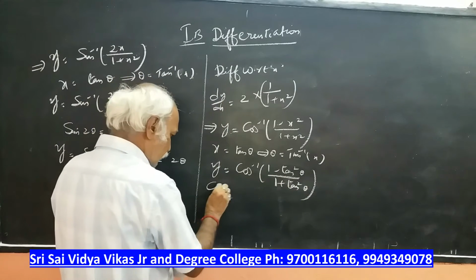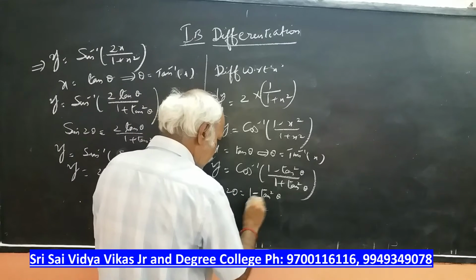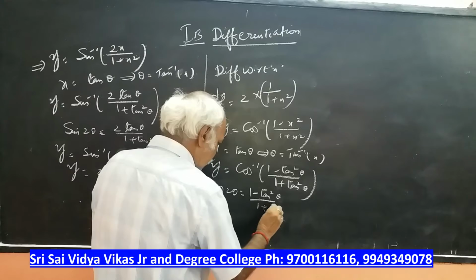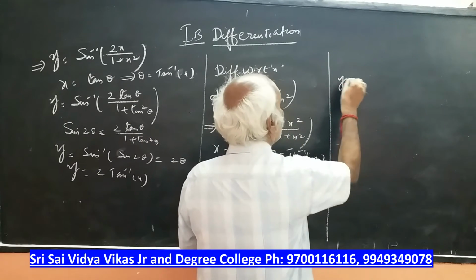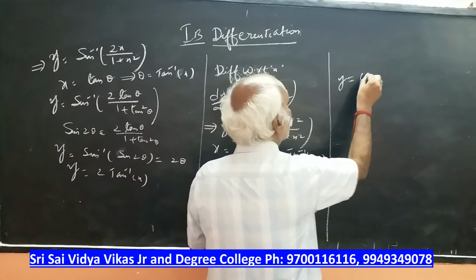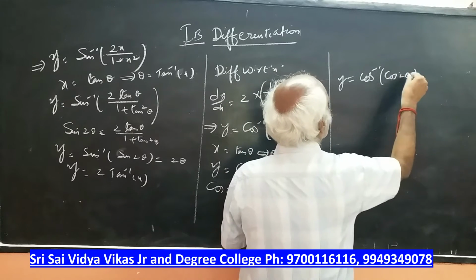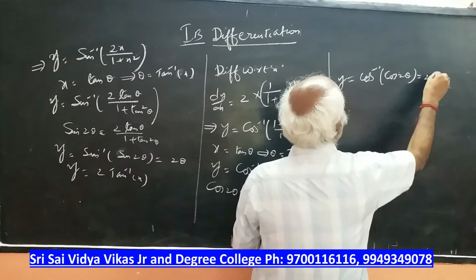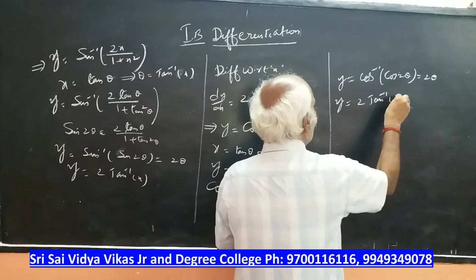Again, the cos 2 theta formula is 1 minus tan square theta by 1 plus tan square theta. So this becomes y is equal to cos inverse of cos 2 theta, which will give you 2 theta. So y is equal to 2 into tan inverse x.